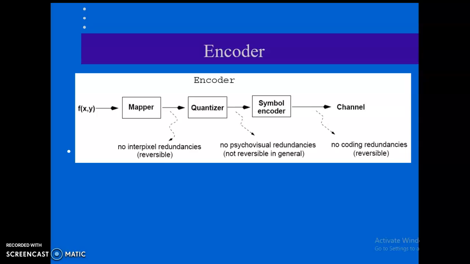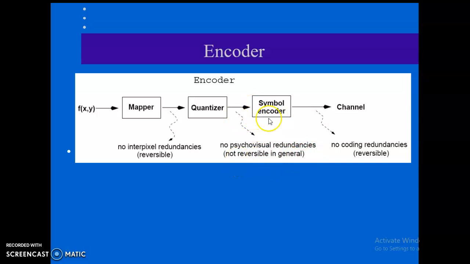Encoder. f of x, y is given to the mapper. The mapper output has no interpixel redundancies and is reversible. The mapper output is given to the quantizer. The quantizer output has no psychovisual redundancies and is not reversible in general.